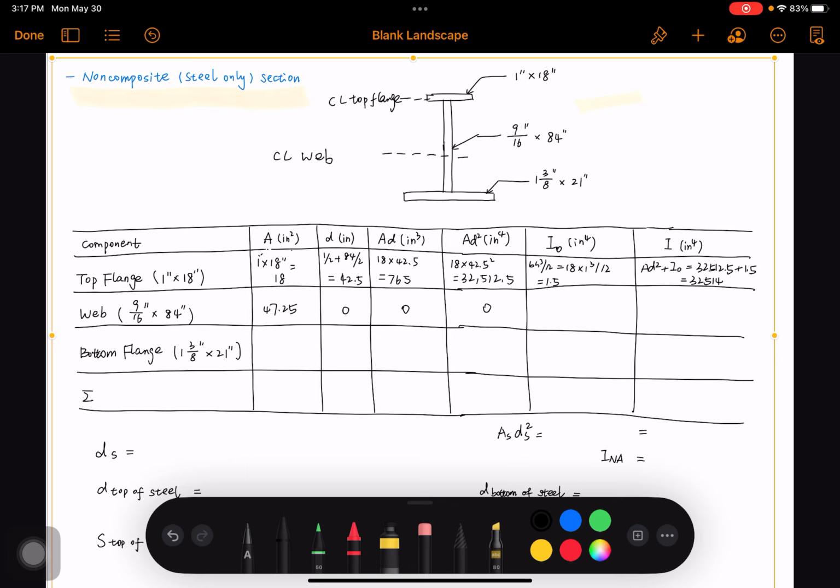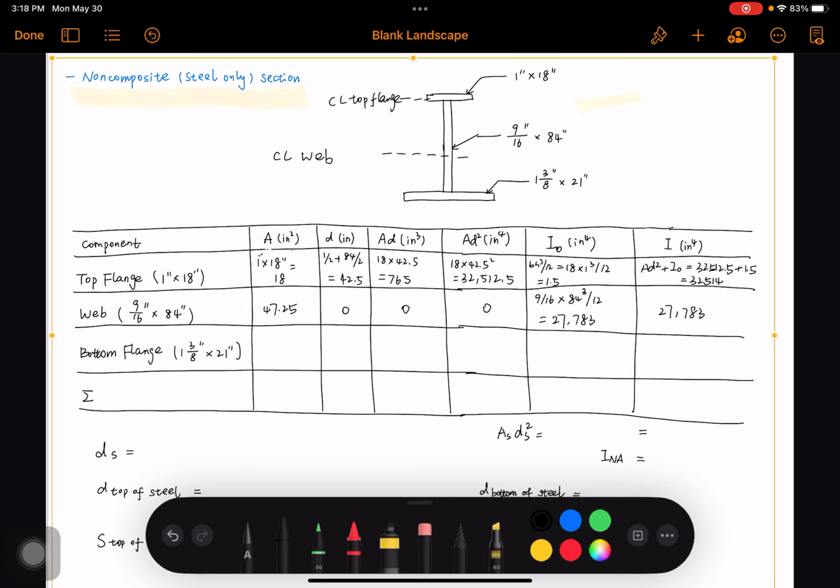I naught is the moment of inertia of the web about its own center line, which is 9 divided by 16 times 84 cubed divided by 12, which gives 27783. And I here is also equal to 27783.